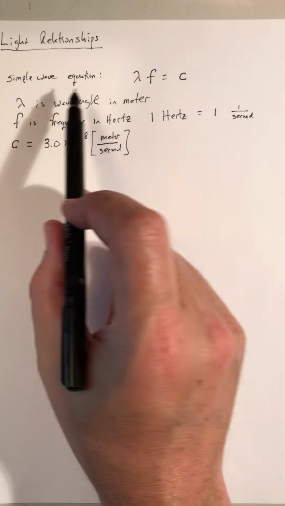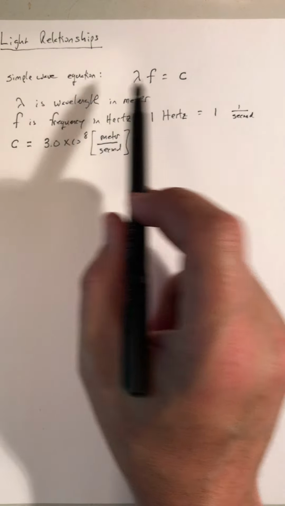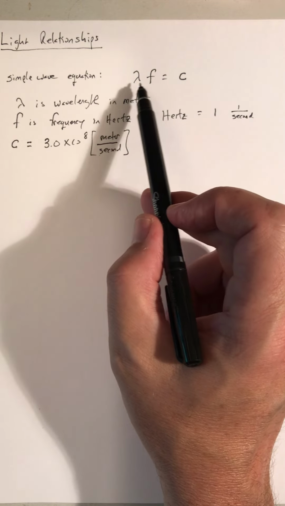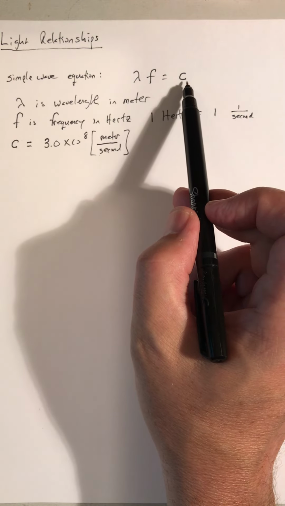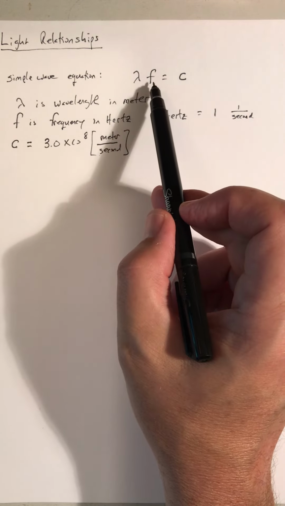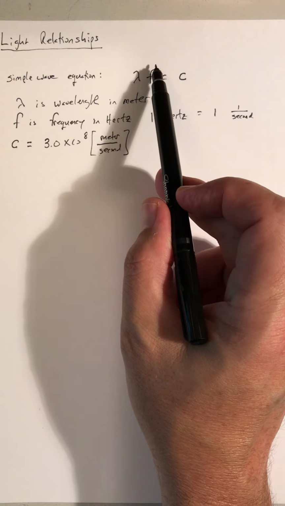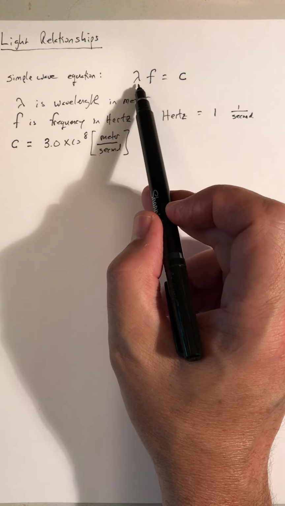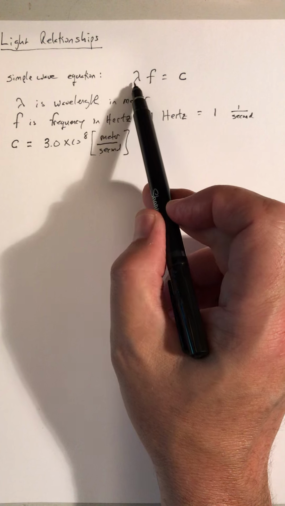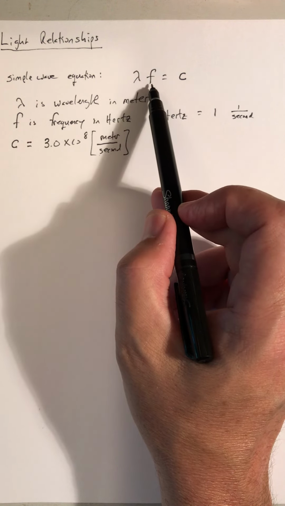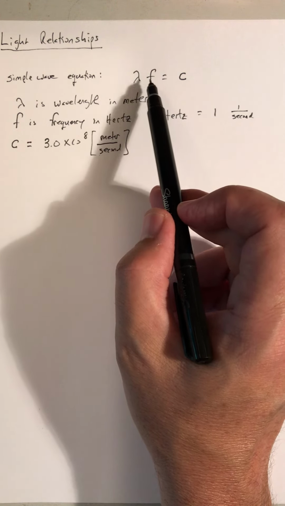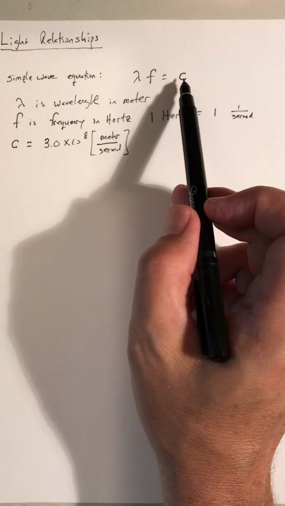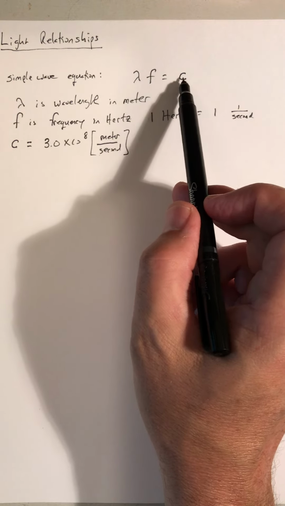All right, so what does a simple wave equation tell us? Well, the product of wavelength times frequency has always got to be a constant. So if I have a very high frequency, I must have a very short wavelength. If I have a very long wavelength, that must come with a very low frequency, because the product of the two has always got to work out to be the same value.